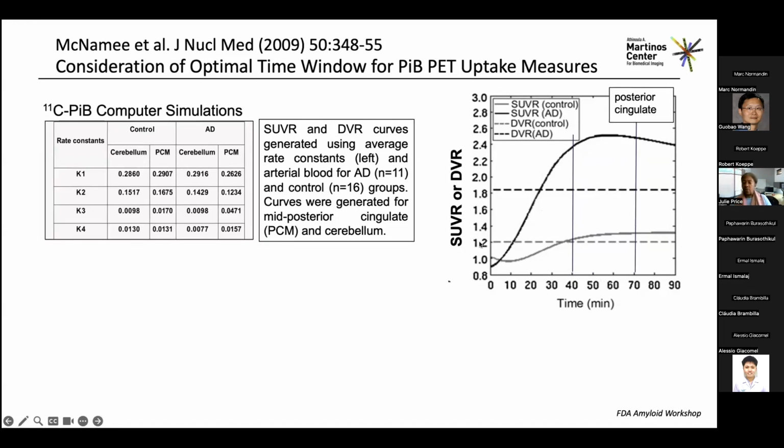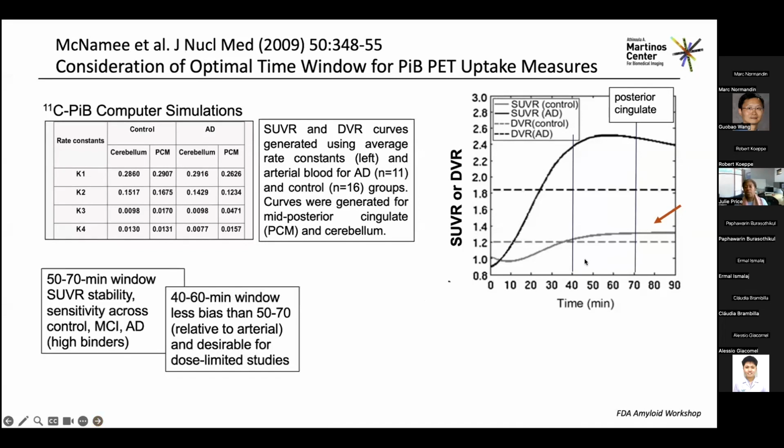This is an important thing, because over the last 5 to 10 years, many studies have made an effort to go to the cognitively normal. I think that's because of the lower bias in these subjects when there isn't high binding, and the data has provided a lot of insight into the in vivo progression of this disease.